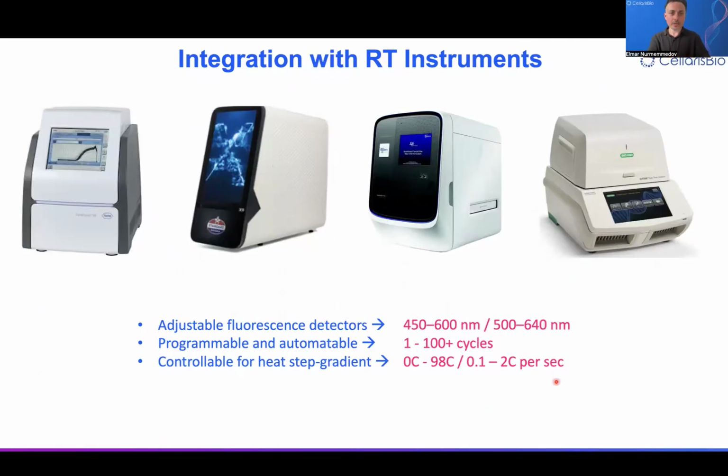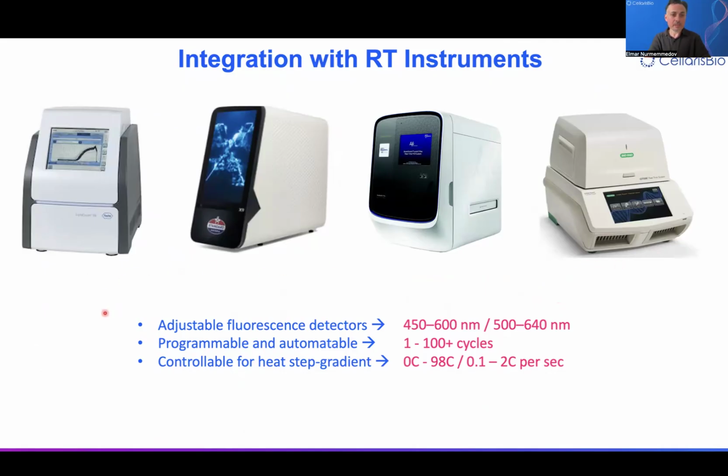Now, we have been working and utilizing our MicroTag real-time engagement system with various real-time machines. For that matter, you can go into a variety of systems that may exist in your lab. We have been using extensively Thermo Fisher's QuantStudio machine and Bio-Rad's CFX96 well system.